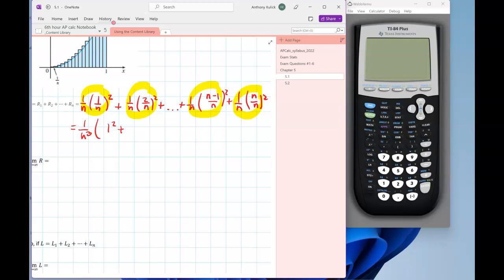One squared plus 2 squared plus dot dot dot n minus 1 squared plus n squared.